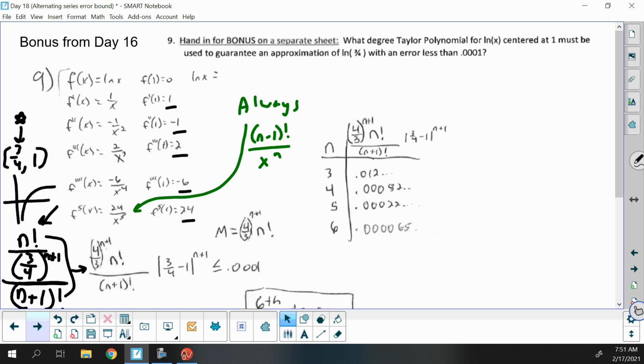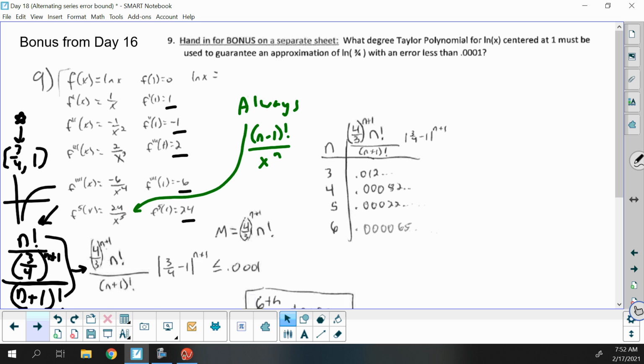And for x, we would fill in the 3/4. Then that's over the n plus 1 factorial, because that was actually 1 power more. And then what I did is I neatened that up. Dividing by 3/4 to the n plus 1 is the same as multiplying by 4/3 to the n plus 1.